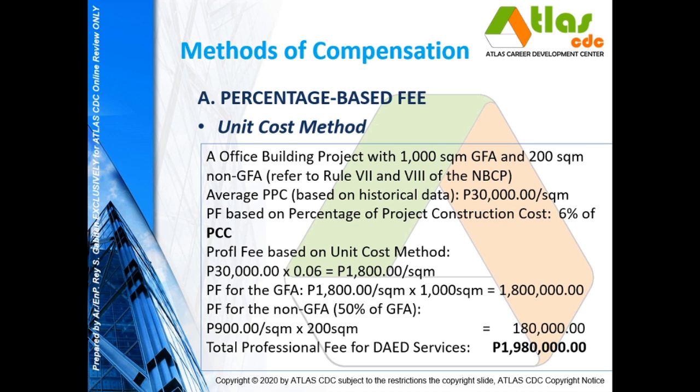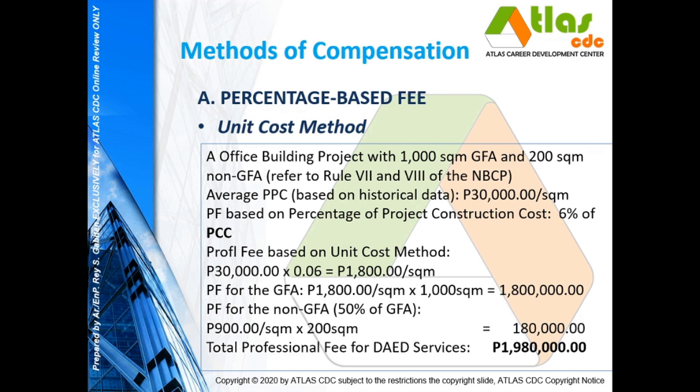Now, you have to take note of what is the prevailing construction cost, no? So you have to ask around how much is the prevailing construction cost per square meter. So let's say that the prevailing construction cost is for an office building, no, is 30,000 square meters. Example lang yan, ha?